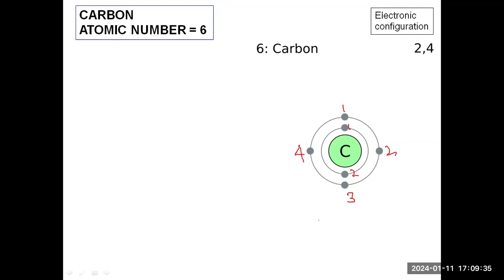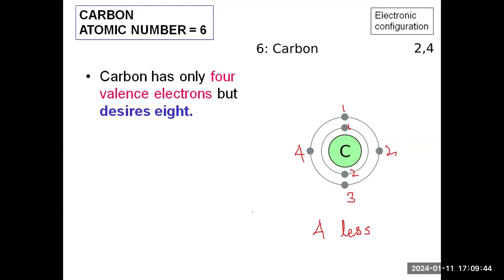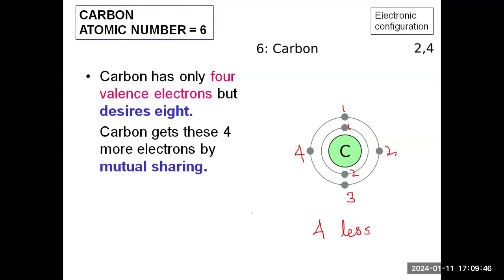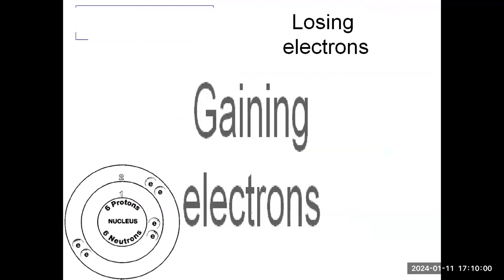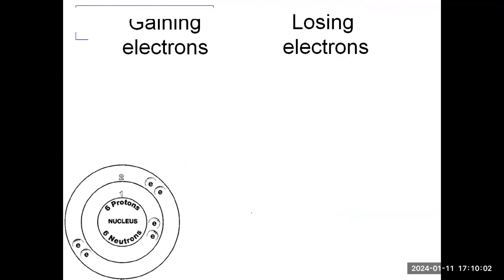Now to complete the octet, 4 electrons are less. So what happens is, carbon does the mutual sharing of electrons with other atoms to complete the octet. It does the mutual sharing because it cannot gain 4 electrons, it cannot lose 4 electrons. So we'll see what is the reason behind it.